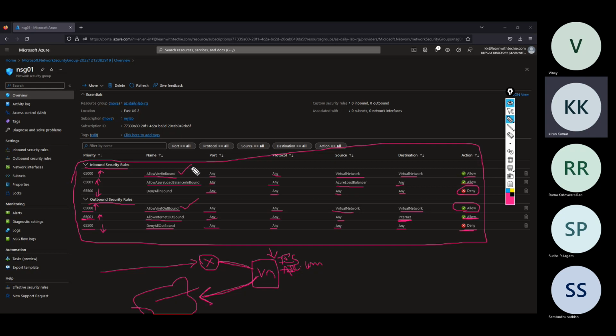So by default in the Azure platform, all virtual networks will communicate by default. Even if you associate the network security group, all the virtual machines within the Azure platform will still communicate with each other. Understood? Any questions?